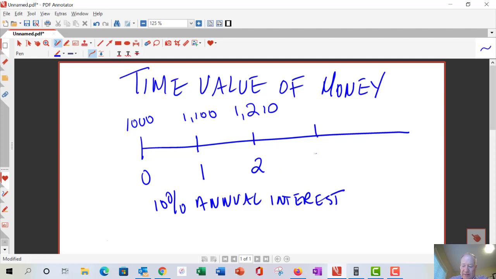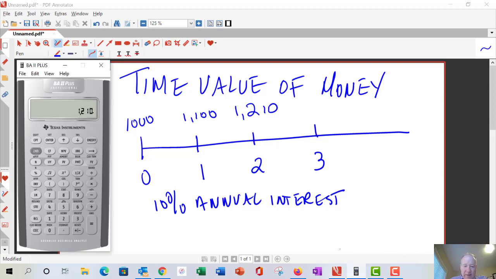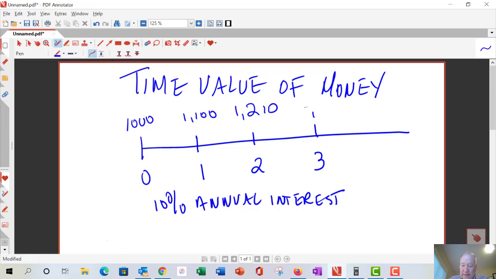Let's go one more period. So we have year 3. And I'm going to just compound this again, so we have another 10% on the full balance. And I'm going to get $1,331. All right, so that's compound interest.